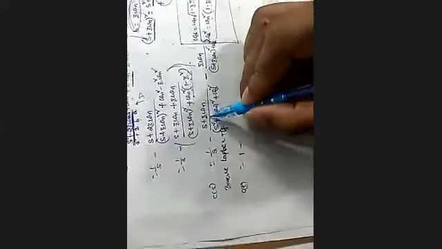Laplace inverse of 1 by s is nothing but 1. Then the Laplace inverse of (s plus a) by (s plus a) whole square plus omega square: this is the formula for the Laplace transform of e power minus at into cos omega t.